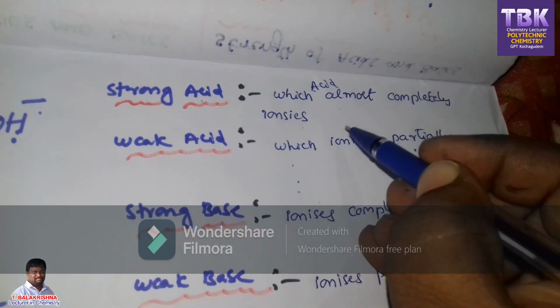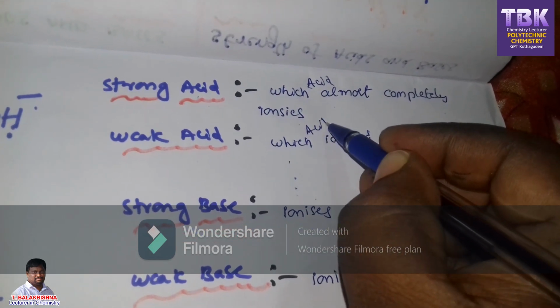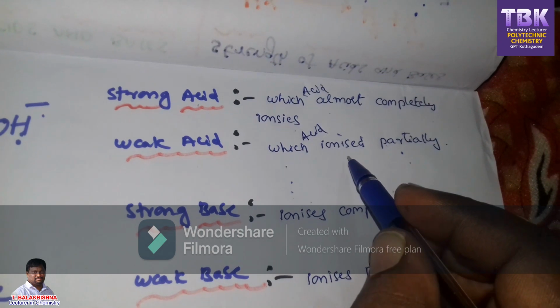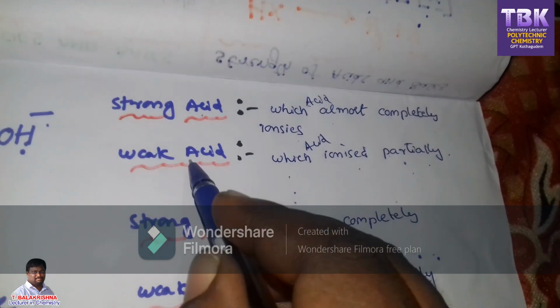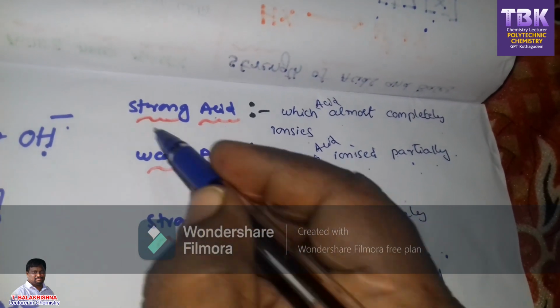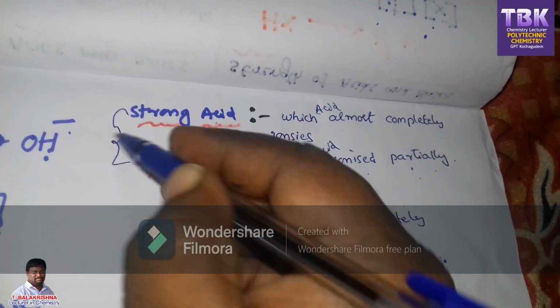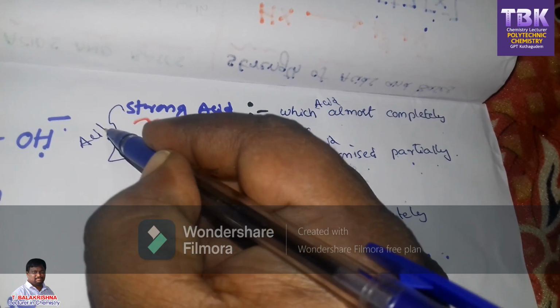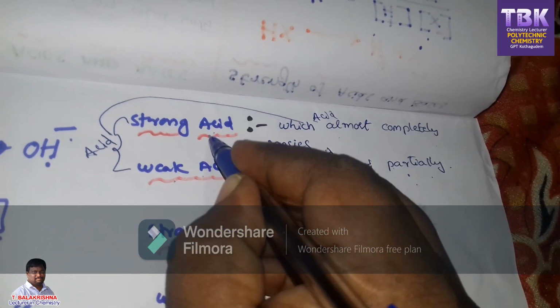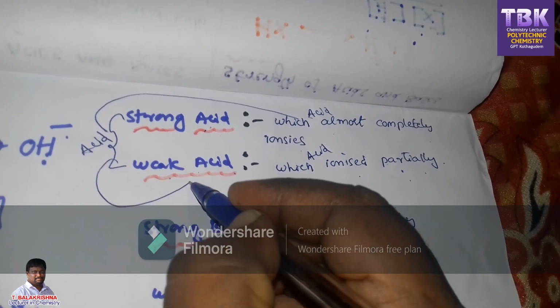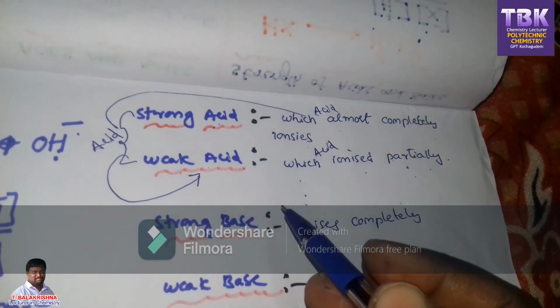The acid which is partially ionized is called a weak acid. First it should be an acid. If it is almost completely ionized, that is strong. If it is partially ionized, that is a weak acid.